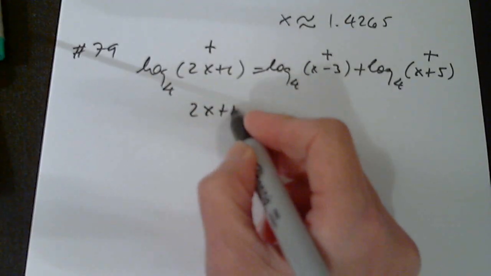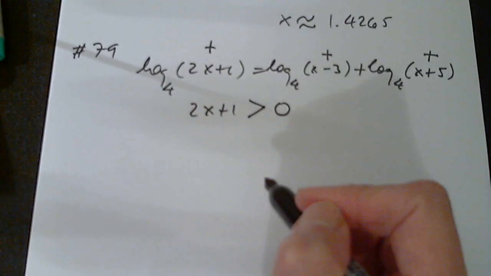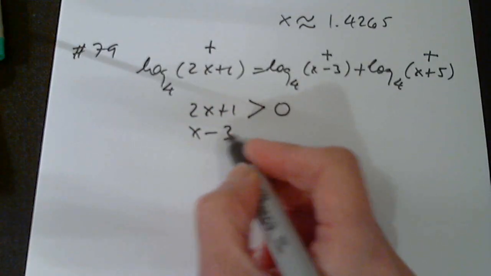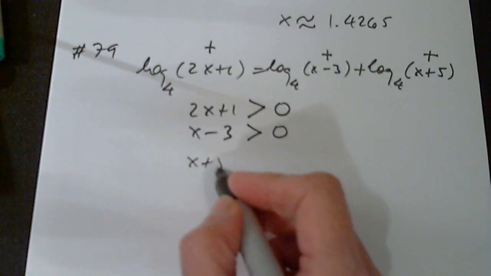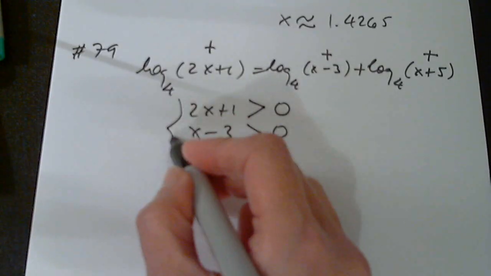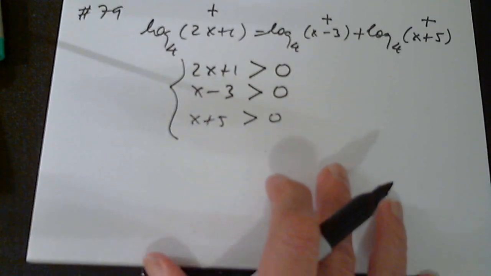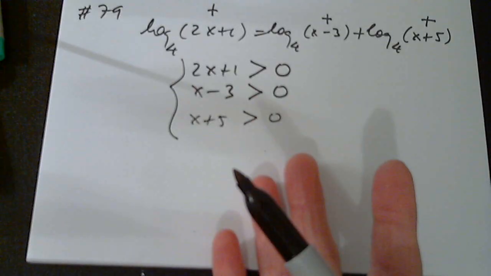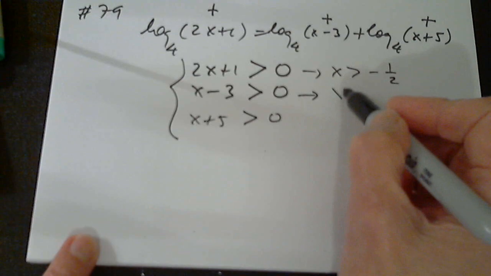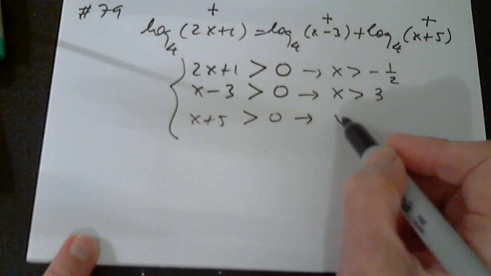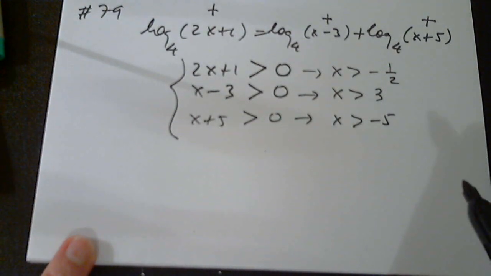So 2x plus 1 has to be strictly greater than 0. x minus 3 has to be strictly, not 0, strictly greater. And x plus 5, strictly greater. It will only take a few seconds to work on this. So this means greater than negative 1/2. This means greater than 3. And this means greater than negative 5.